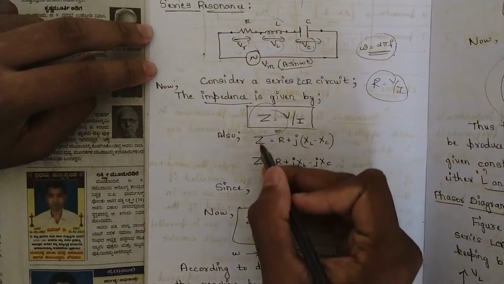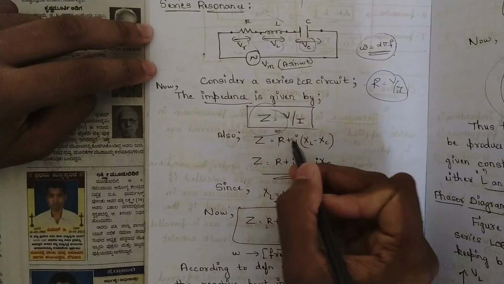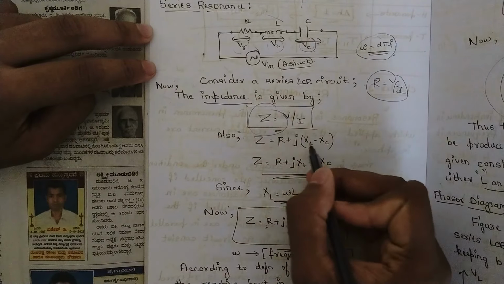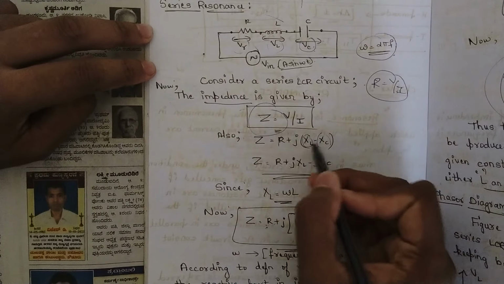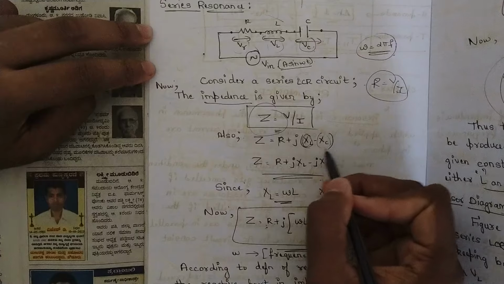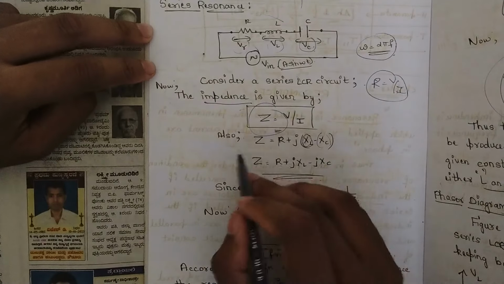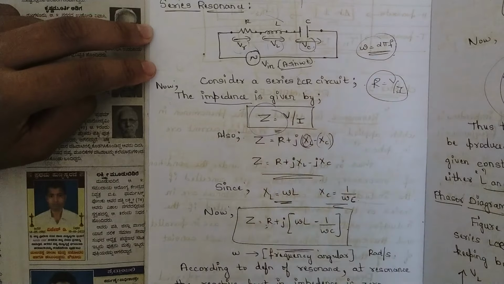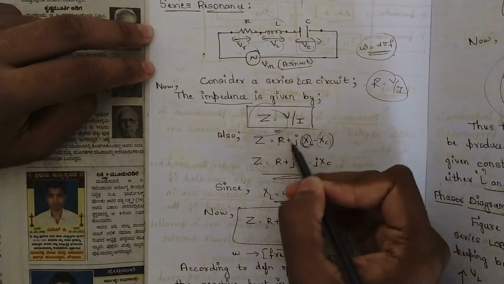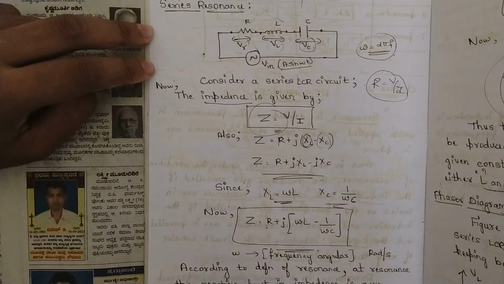Also, this Z can be written as R plus j times XL minus XC, where XL and XC are the reactances. One is the inductive reactance and one is the capacitive reactance. Where this j is the complex part.